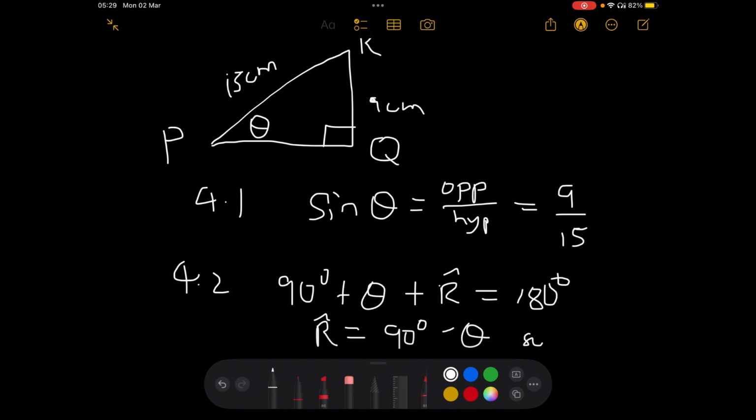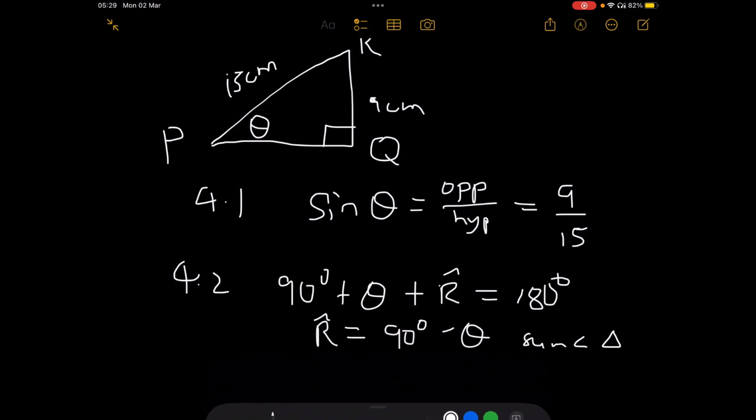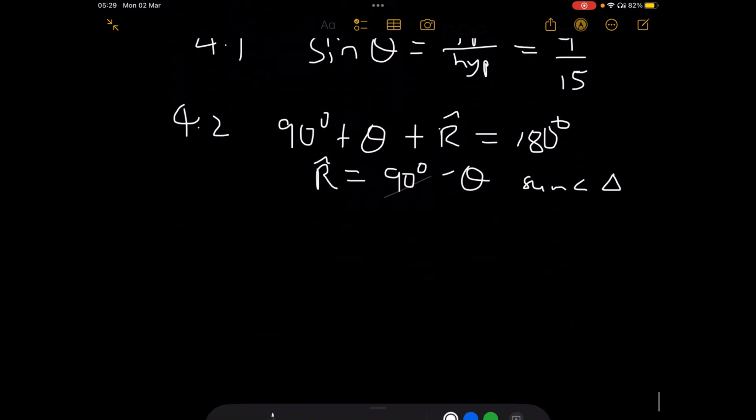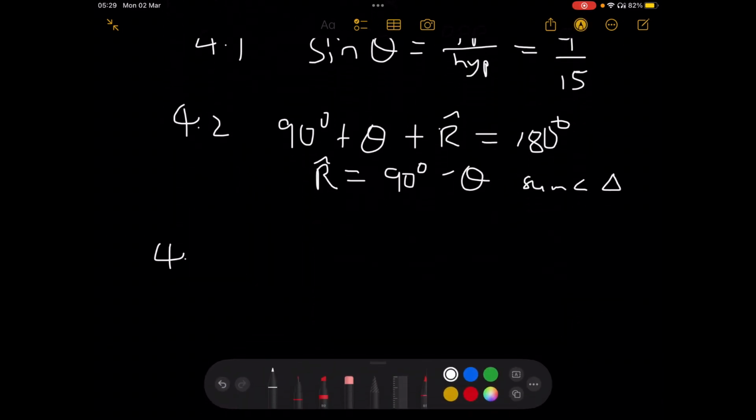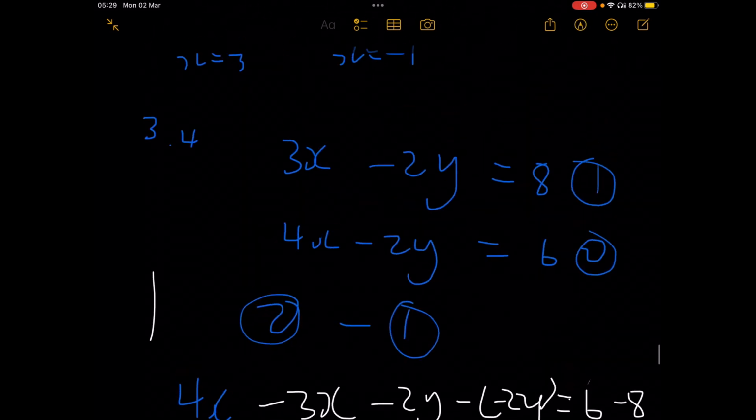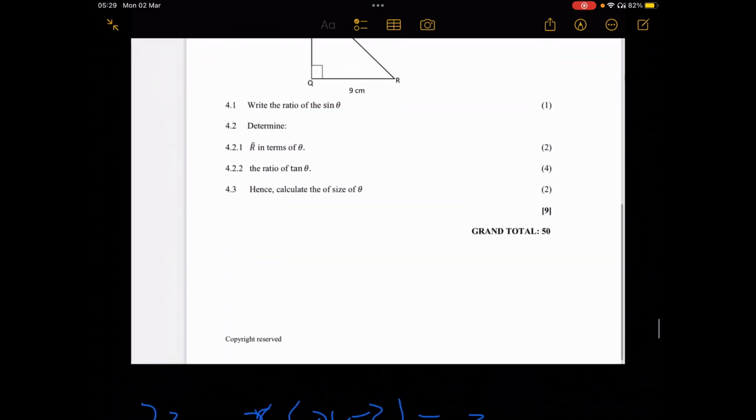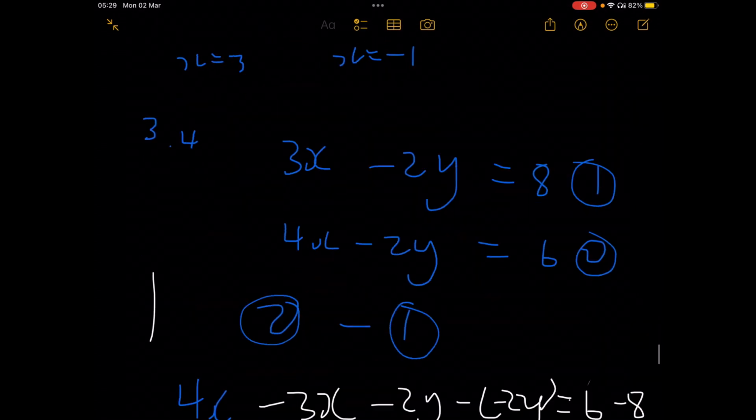Why? Sum of angles in a triangle. And 4.2.2, yes, 4.2.2, the ratio of tan theta.